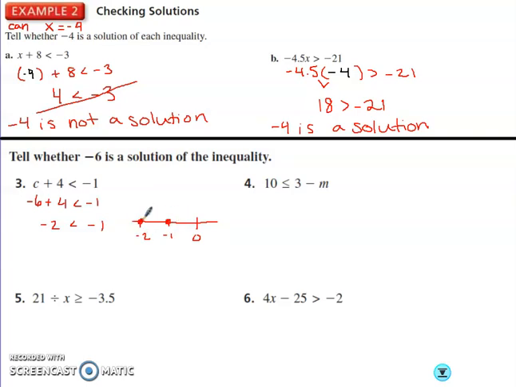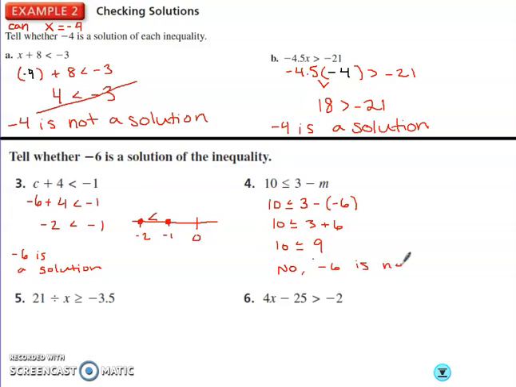Since negative 2 is to the left, that means negative 2 is less than negative 1, so negative 6 is a solution. Number 4, I'm putting the negative 6 in the m spot. I do have 2 negatives, which I will simplify to plus. And this is not a true statement, so no, negative 6 is not a solution.